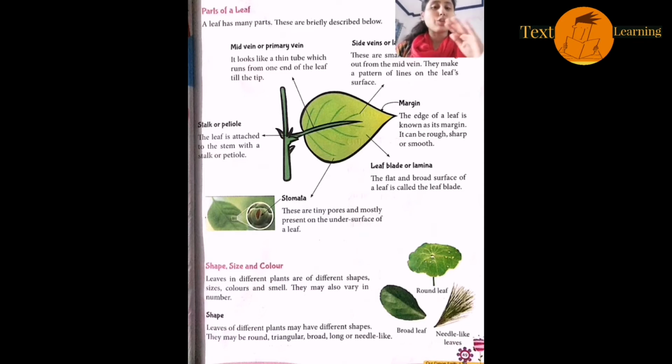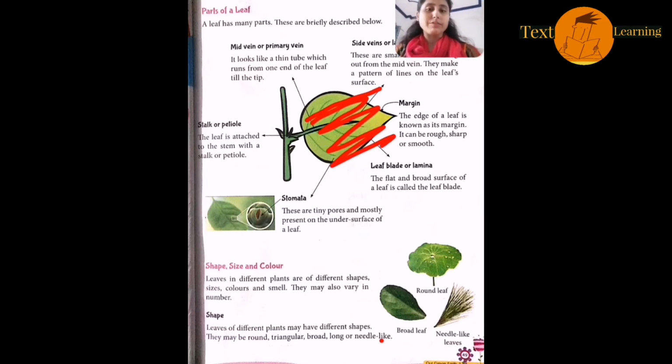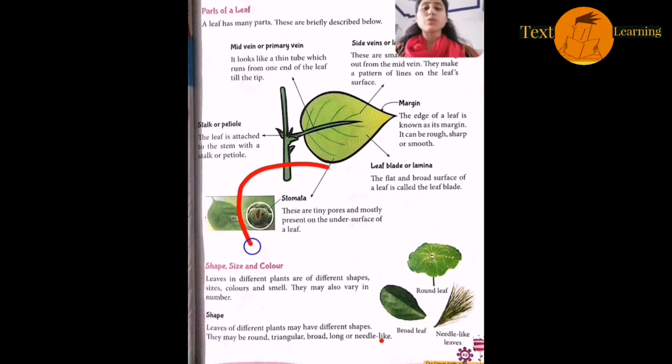The flat area of a leaf is called the leaf blade or lamina. This is the leaf, this is the surface of the leaf, and this is called the leaf blade, the light green colored part of the leaf. Now next, move to stomata.